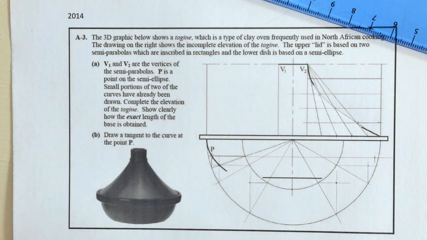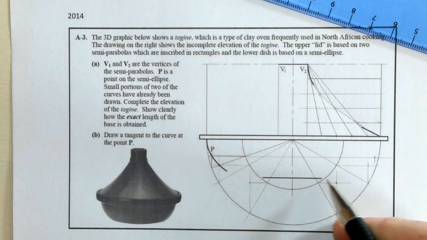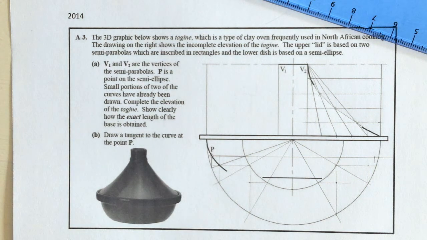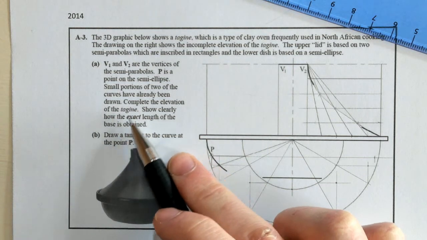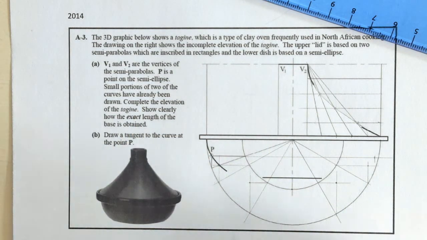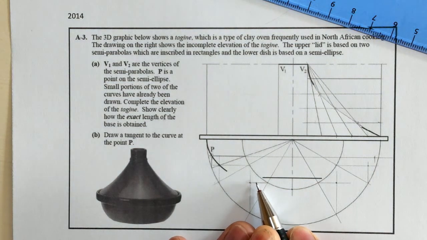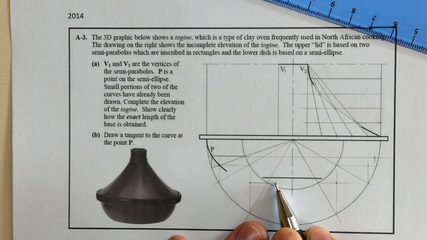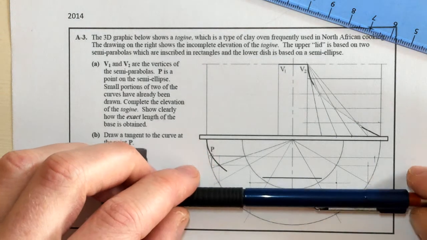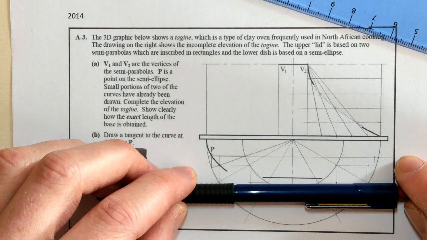Now we don't need to draw the full thing, however, because we can see this base is going to go horizontally out across there. Now, show clearly how the exact length of the base is obtained. What I want to show you here, if you notice, this point is on a horizontal line. So if you imagine that base was down slightly further here, and it lined up with those 60-degree lines where they hit the minor circle, right?